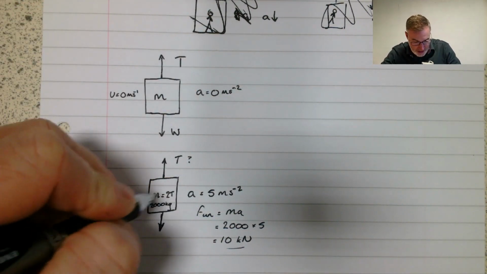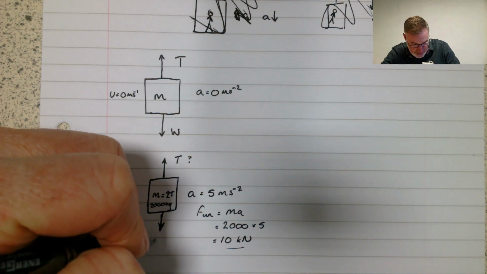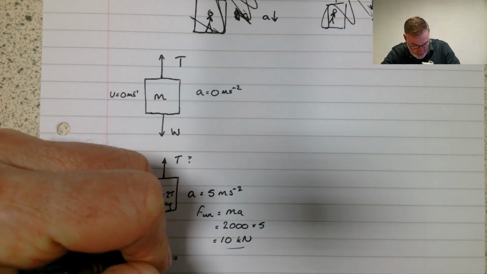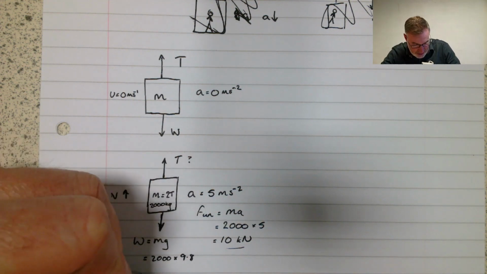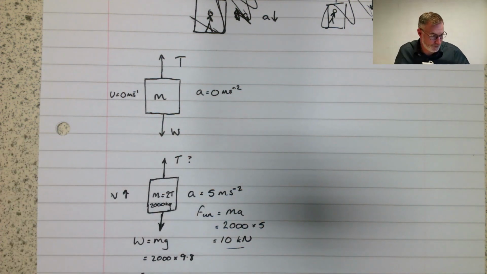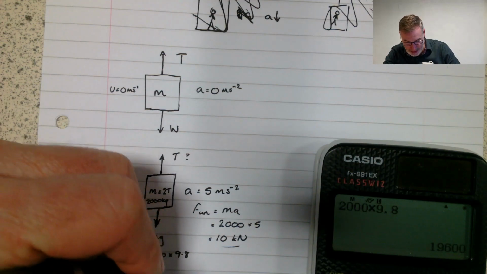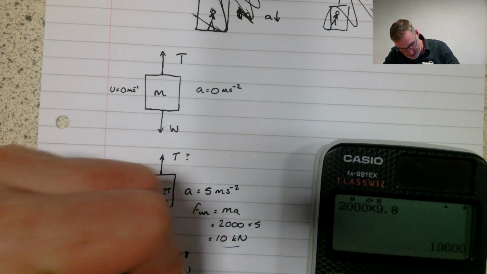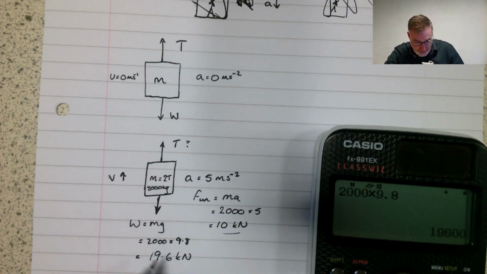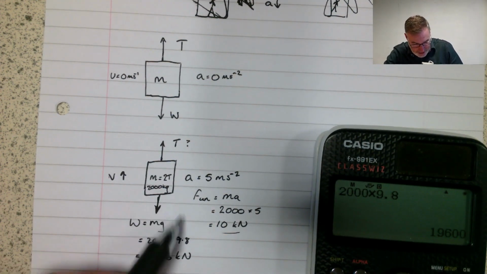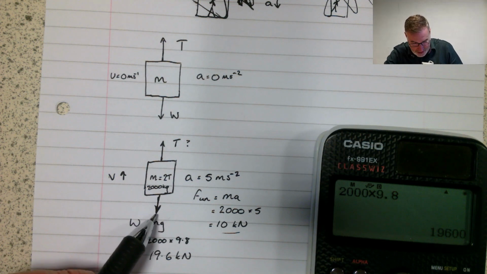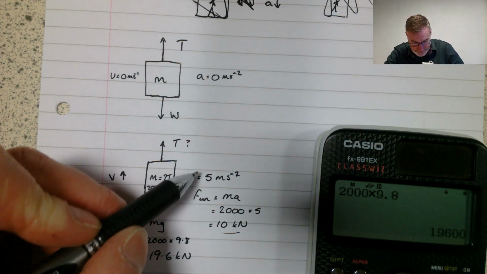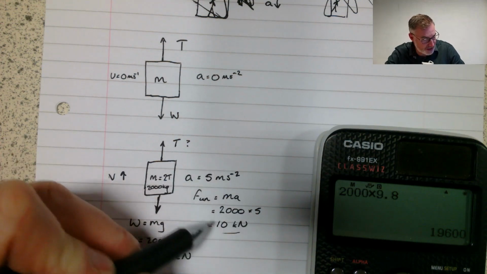Now, the weight is just going to be W equals mg. So we can have 2,000 times 9.8. That's going to be 19.6 kilonewtons. Right, so the force acting down is going to be 19.6 kilonewtons. However, we're getting an unbalanced force.